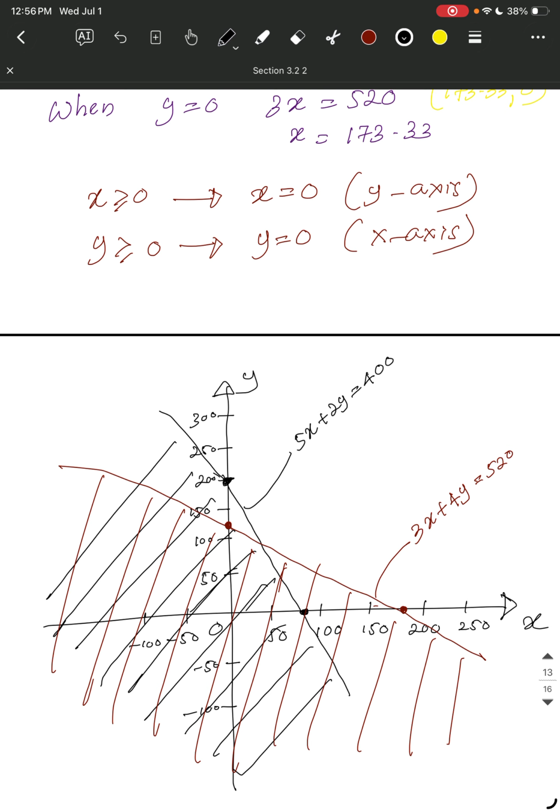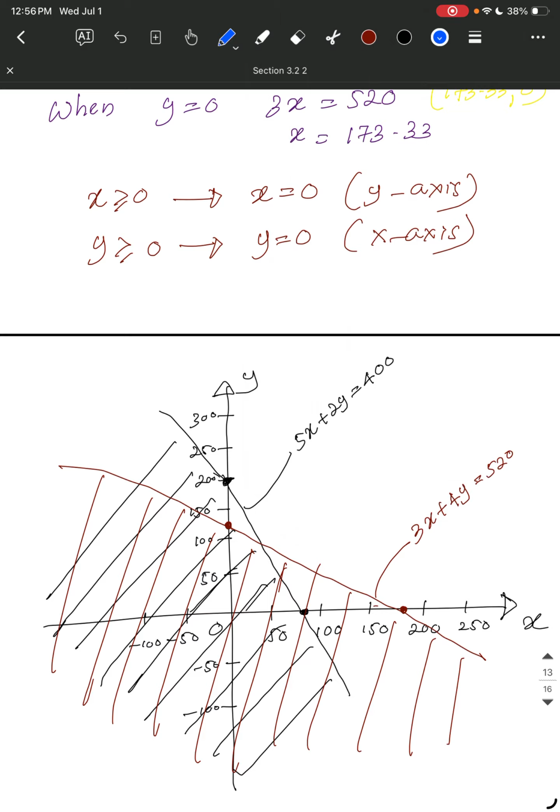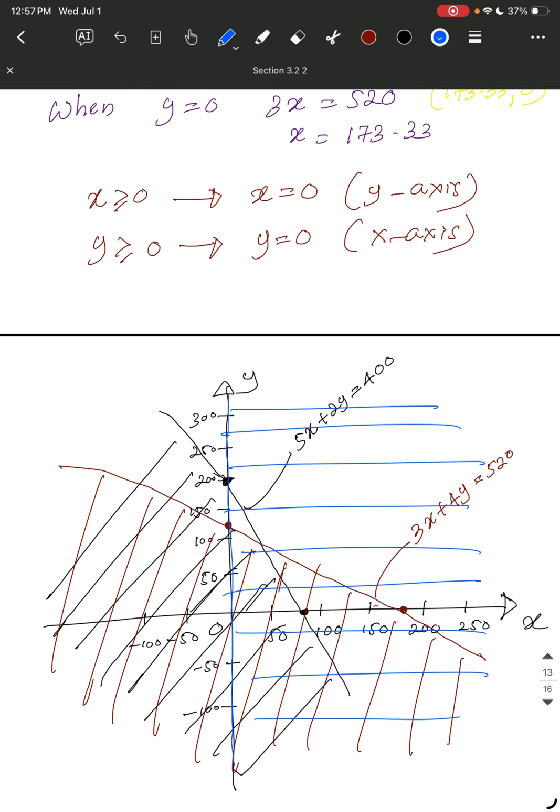Okay, next. x equals 0, that is the y-axis. And it says greater than. Therefore, all x values are greater than 0, the plane here, right?